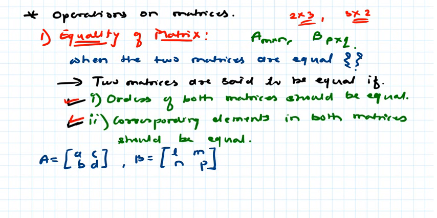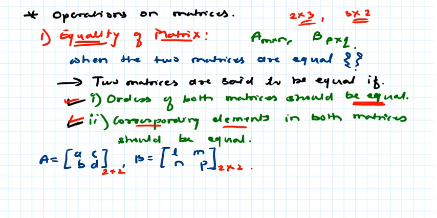First condition is what? The order of both the matrices should be equal. Now the order of this matrix is 2 by 2 and the order of this matrix is 2 by 2. The orders of matrices A and B are the same, so they may be equal. And the second condition says, the corresponding elements in both the matrices should be equal.